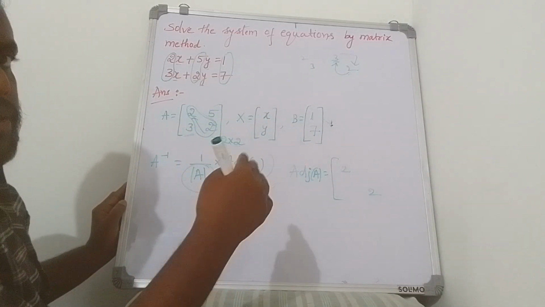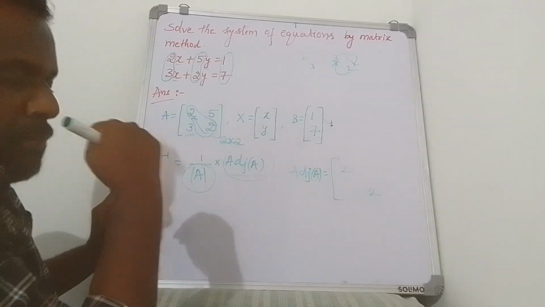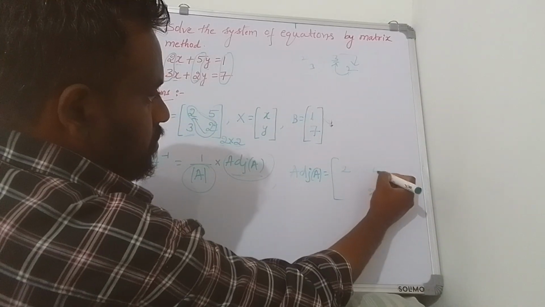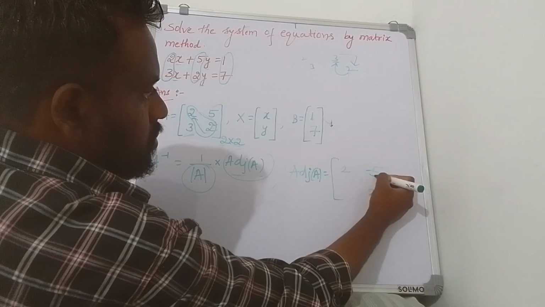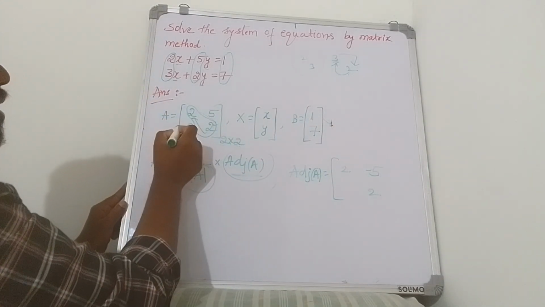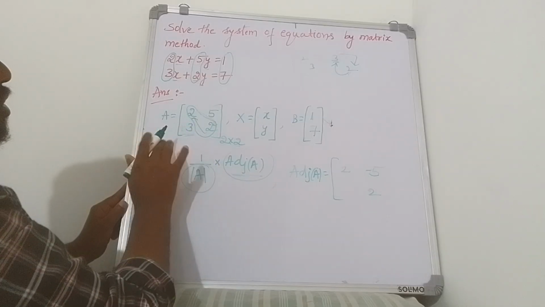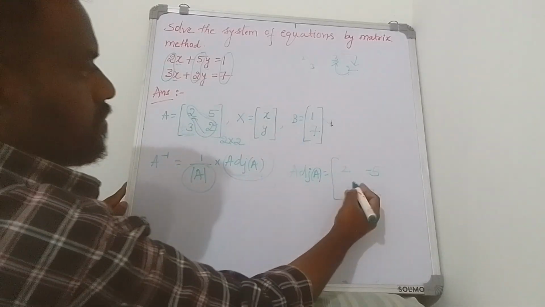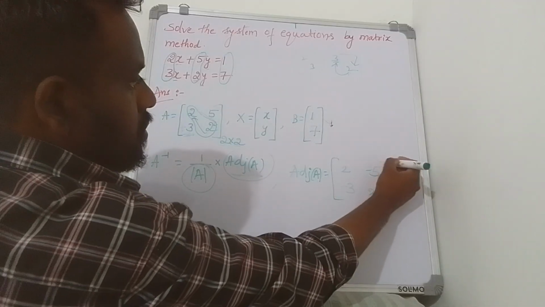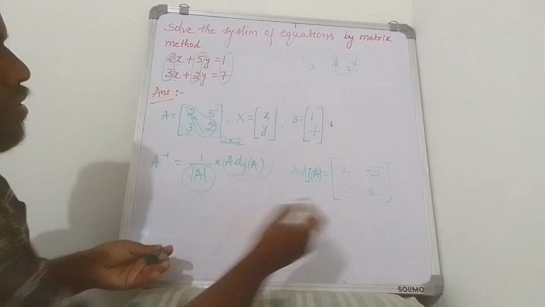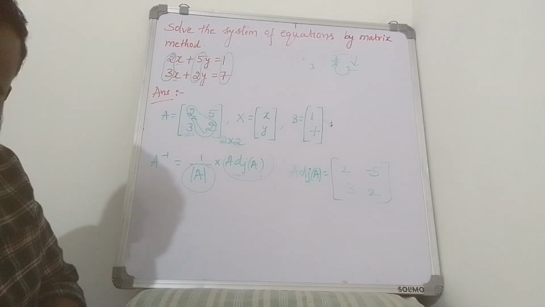Changing the sign means plus will become minus, so plus 5 will become minus 5. Similarly here we have to change the sign of 3. Here nothing means plus, so plus becomes minus 3. So this is adjoint of A, that is done.